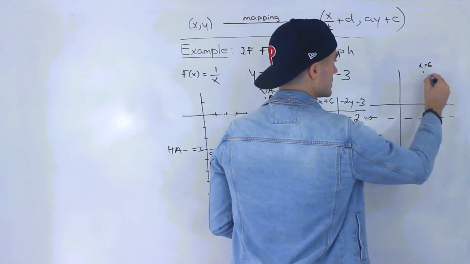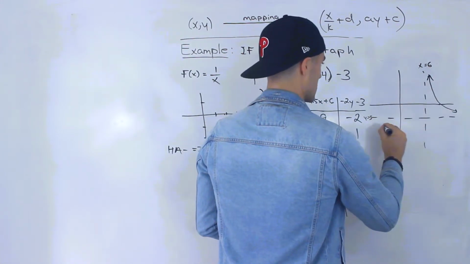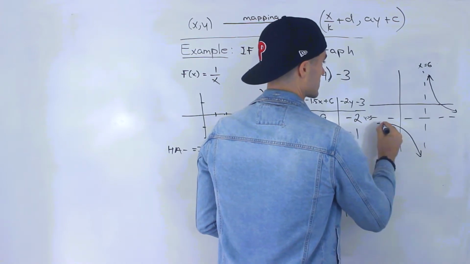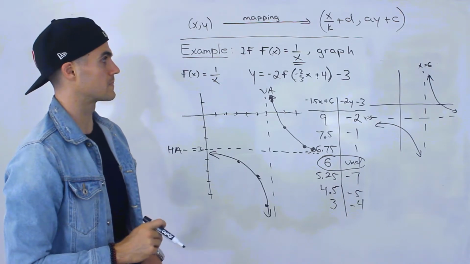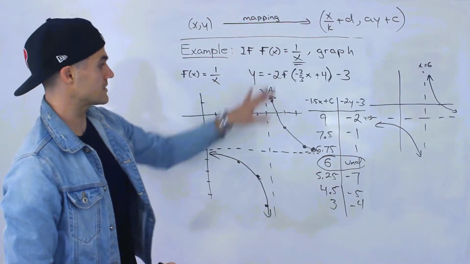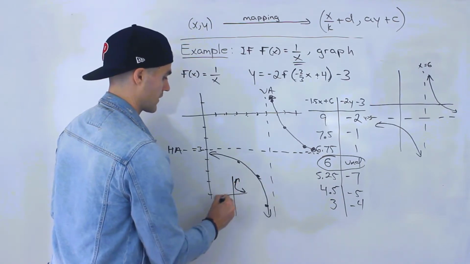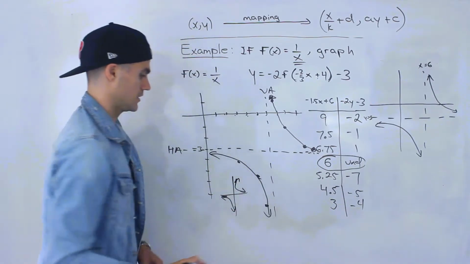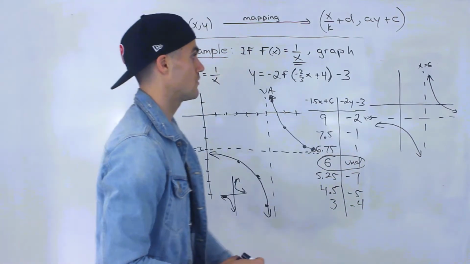And then connecting these, it looks like that, if that helps you see it a little bit better. Right, so this 1 over x, which looks like this. Sorry, I'm making graphs everywhere here. It's kind of limited room on the whiteboard. So 1 over x looks like this, got transformed to this over here.